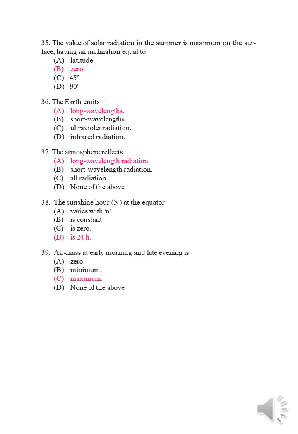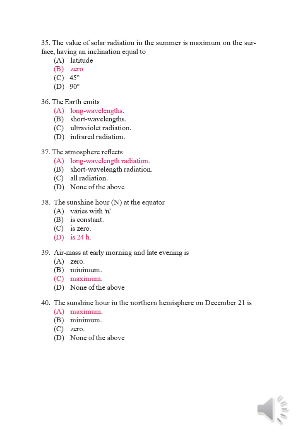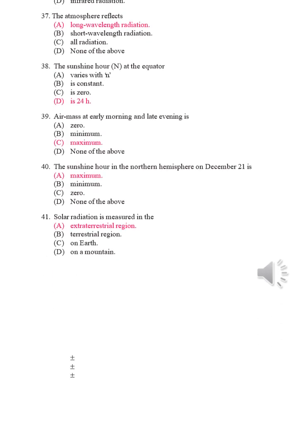Air mass at early morning and late night is maximum. The sunshine hour in the northern hemisphere on December 21st is minimum. The solar radiation is measured in the extraterrestrial region.